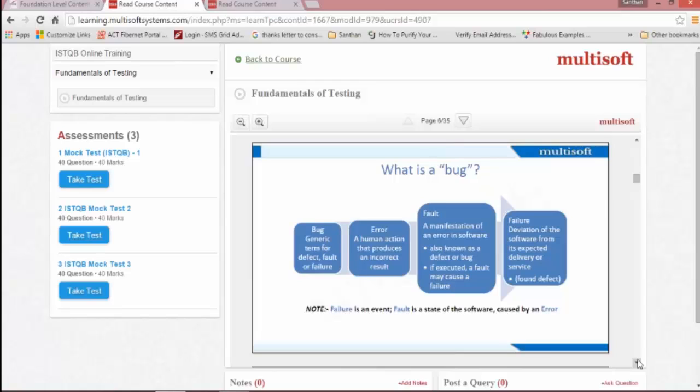So we use these jargons as synonyms of one another. But if we technically look at the differences between these things, definitely there is a difference. So we should understand how to look at them and use them in appropriate places. Let's start with the first jargon, that is error.